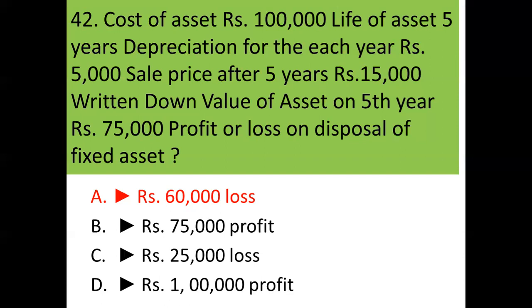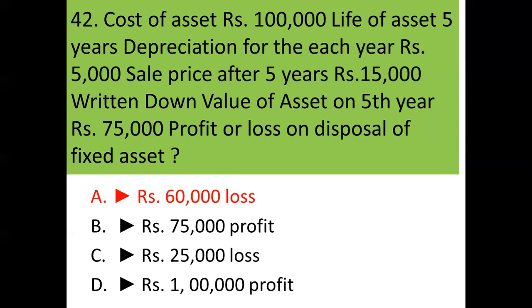And the writing down value of the asset on the 5th year will not appear on our disposal account. We have to balance. We have 100,000 on the debit side, and if the balance is on the credit, it means that is a loss.